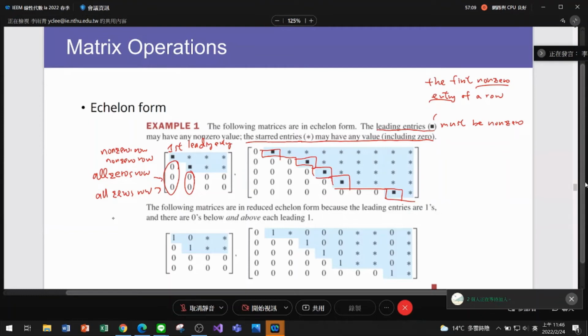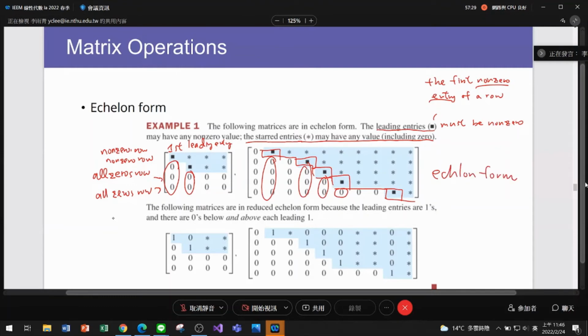For the third property, we checked whether the values below leading entries are 0, and it's also satisfied. Okay, so this is echelon form.